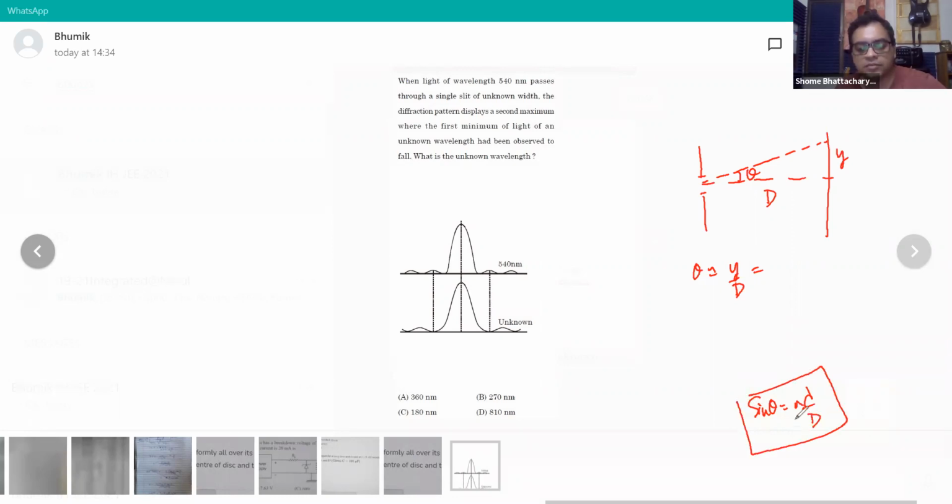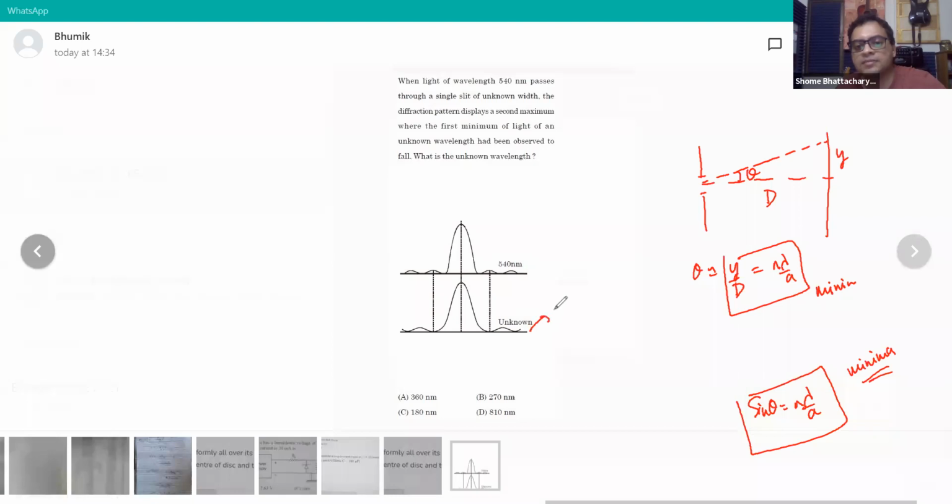N lambda by the width of the slit, which we generally take as A. This is for minimum. So this is approximately sine theta only. So n lambda by A. This is for minimum.